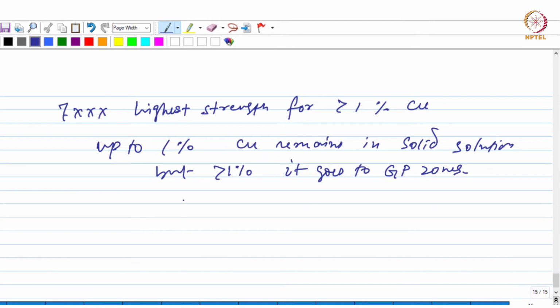And it also increases the solvus temperature for the GP zones, which means that it provides a greater thermal resistance to the GP zones.